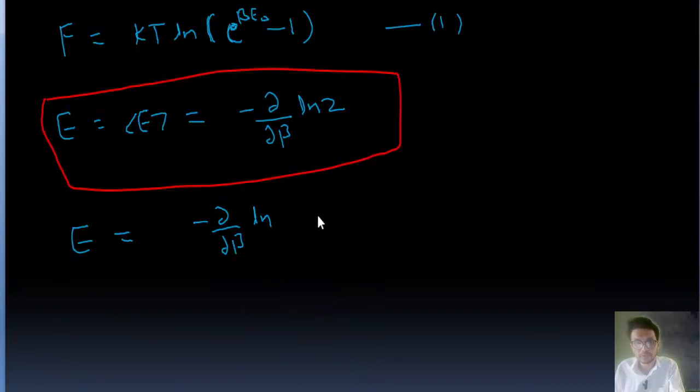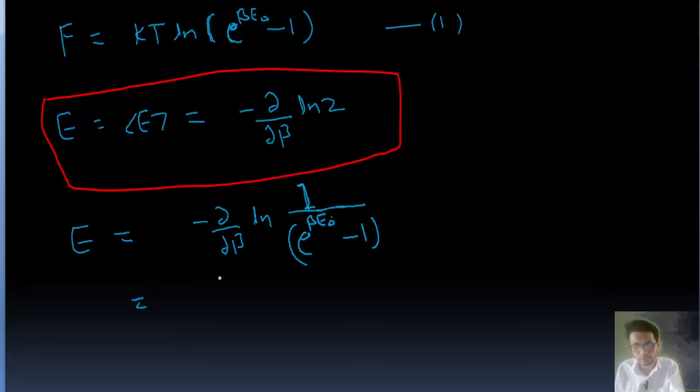So this is going to be 1 upon e to the power beta e naught minus 1. Or we can write minus minus will be plus, so we can write ln of (e to the power beta e naught minus 1) to the power minus 1.